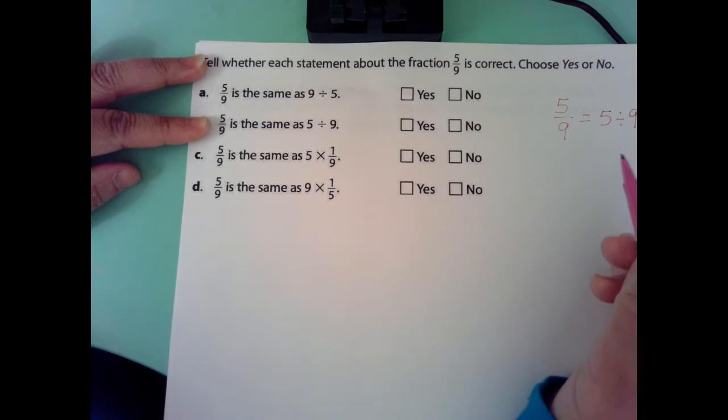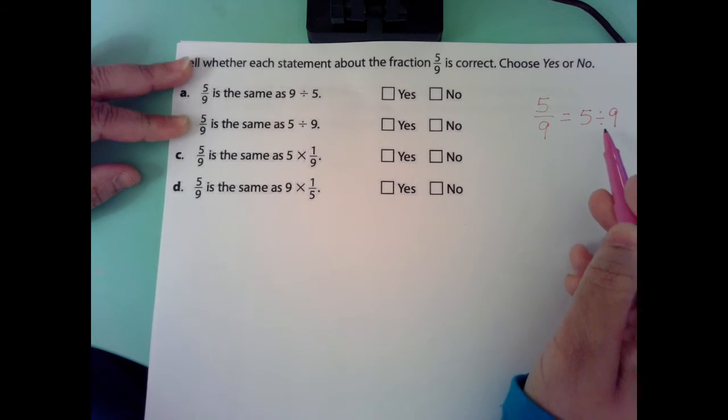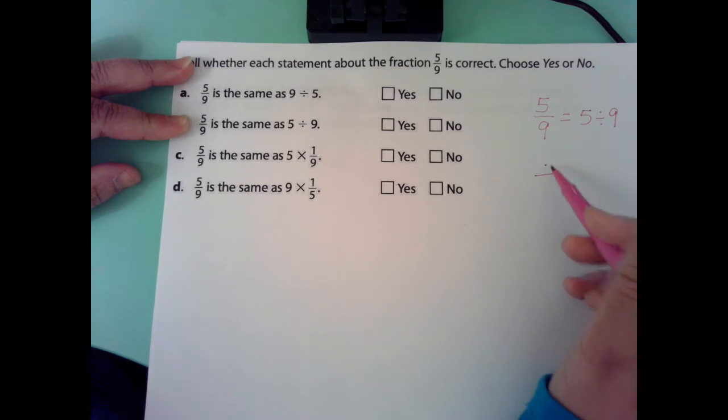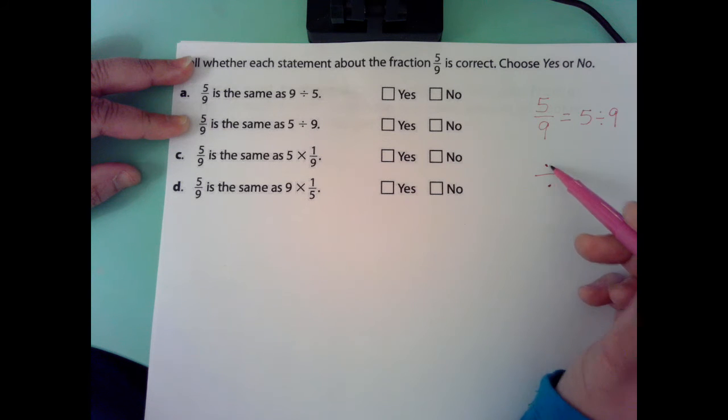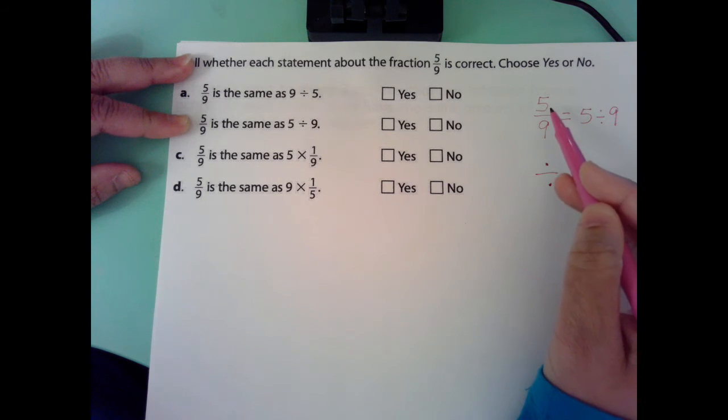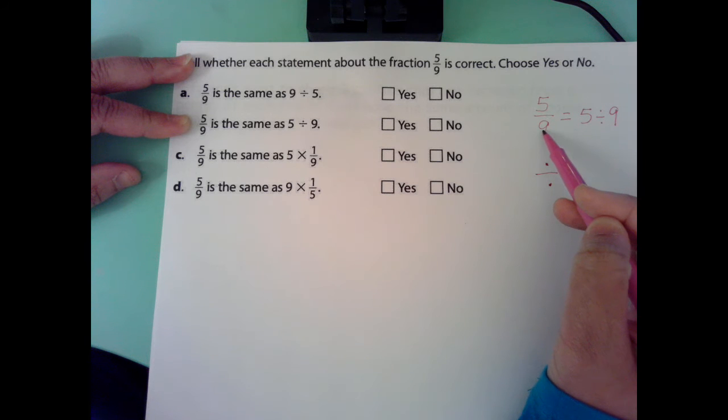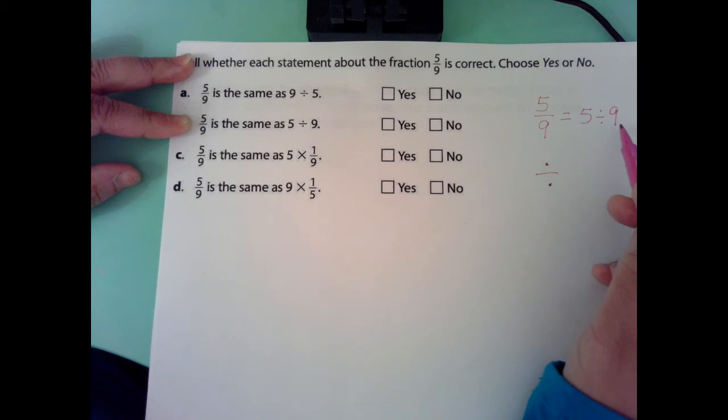And a little fun fact, that's where the division symbol comes from. You see that division symbol? It's a line with 2 dots. Well, guess what? This dot and this dot mean this 5 and this 9. This is the numerator and this is the denominator, okay? So 5/9 equals 5 divided by 9.